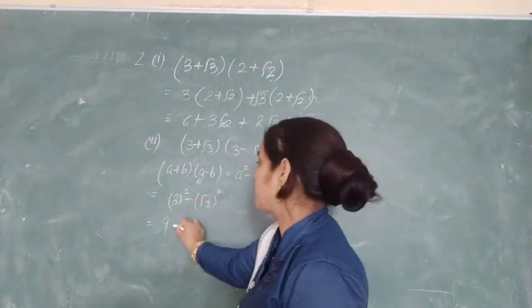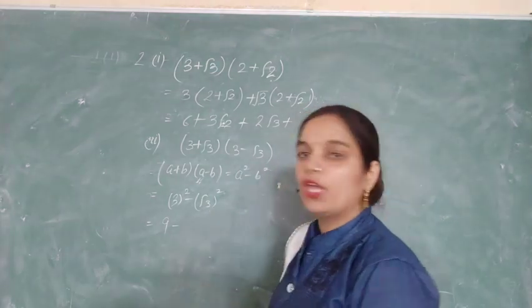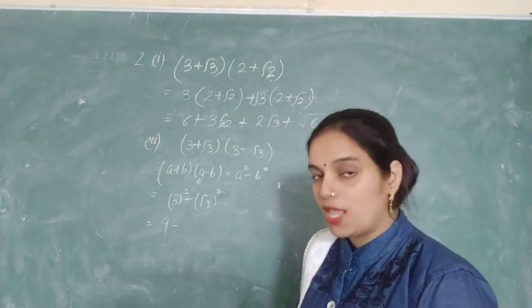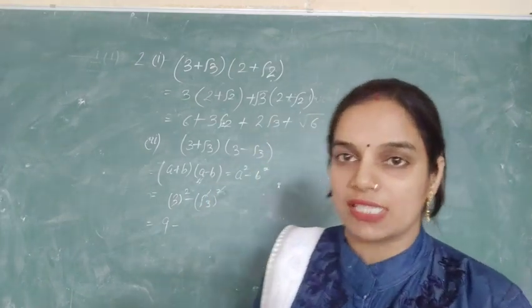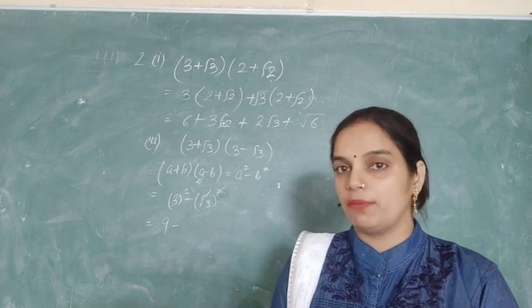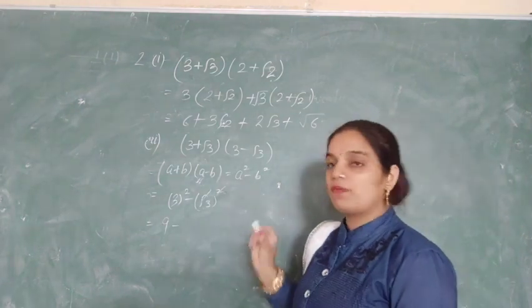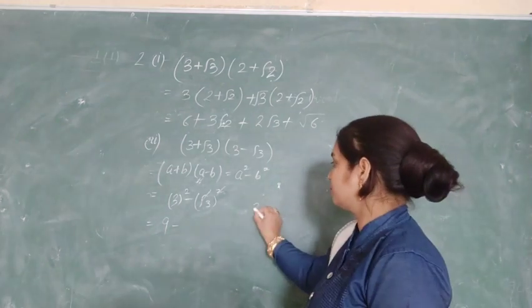There is a sign of subtraction, so we'll put the sign of subtraction. Now here is square of root 3, and we know that square and under root always cancel out, because the meaning of root is the power 1 by 2, and there is an overall power 2. 1 by 2 and 2 will be cancelled out like this.